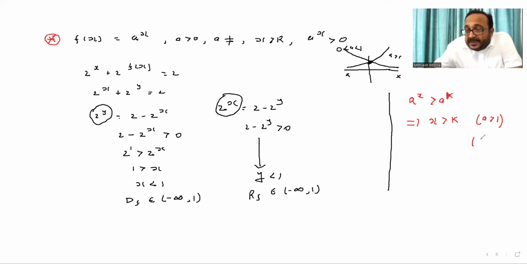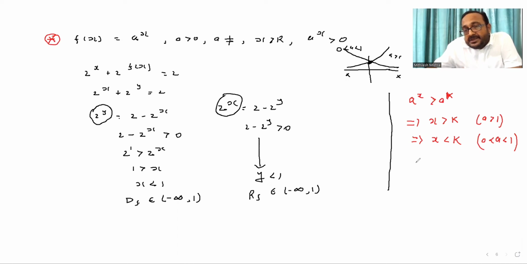But if a is less than 1 and a is greater than 0, then always remember the sign of the inequality will be interchanged.